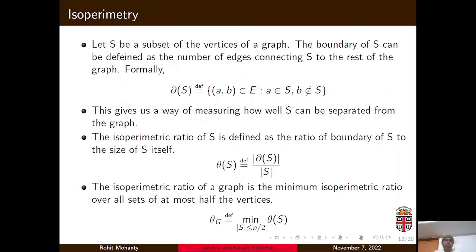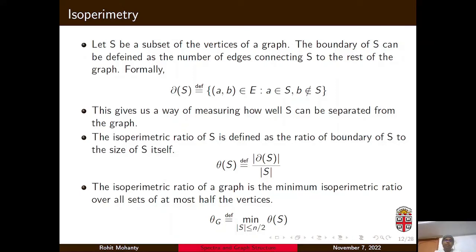Before talking about isoperimetry, let's talk about the boundary of a subset of a graph. If S is a subset of the vertices of a graph, then the boundary of S can be defined as the number of edges connecting S to the rest of the graph.